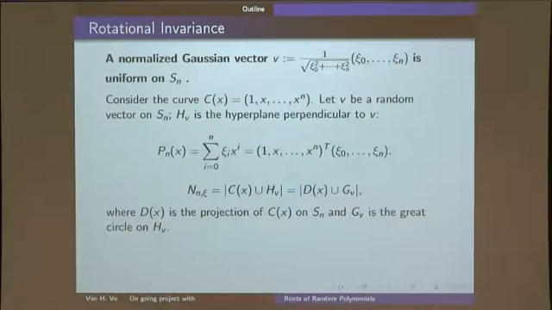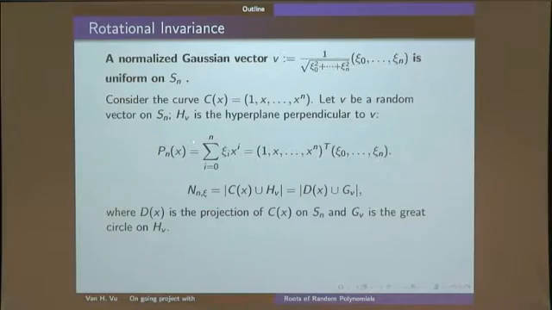If the c are Gaussian random variables, then you normalize the coefficient vector, and you get a unit vector on the unit sphere. Now you look at the moment curve with coordinates 1, x, up to x to the n. Then the value of the polynomial is actually the inner product of this point on the moment curve with this vector.